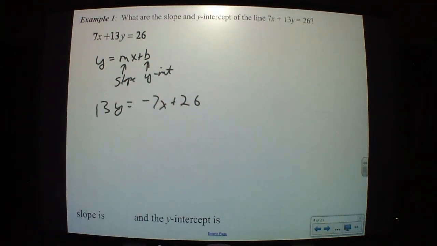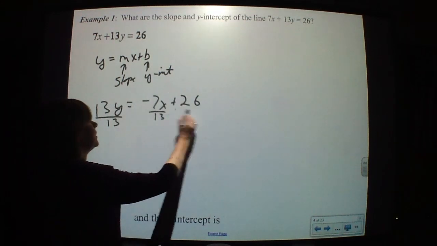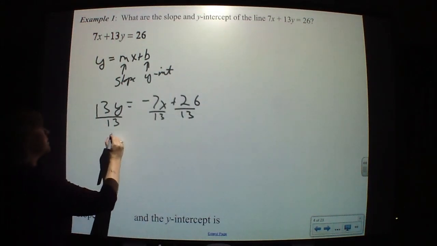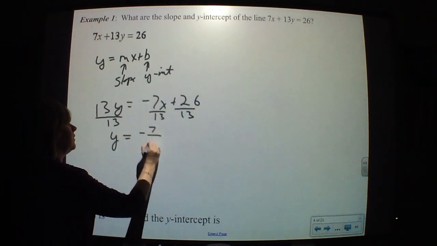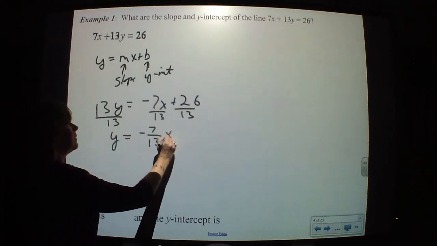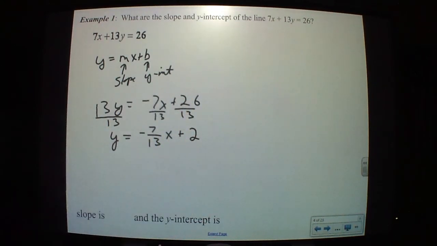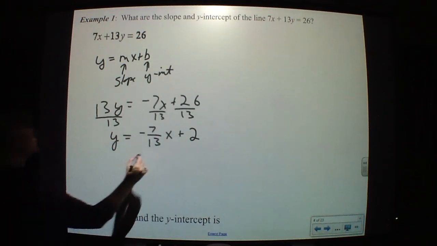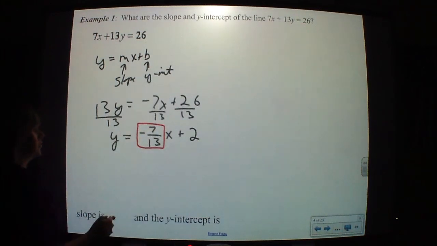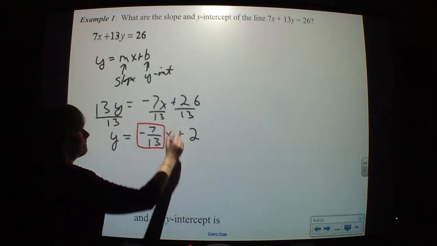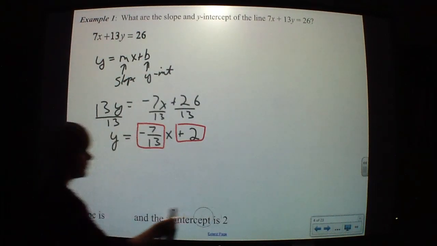I subtracted 7x. I want y, not 13y, so I'm going to divide by 13. Now my equation is y is equal to negative 7 over 13 times x plus 26 over 13, which is 2. So my slope is negative 7 over 13. My y-intercept is positive 2.